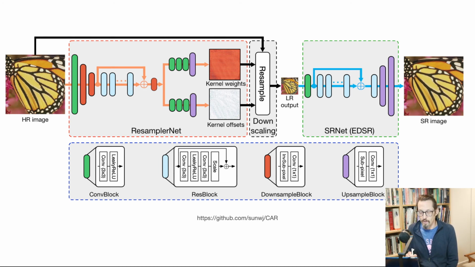You can start with a high resolution image, and because it's high resolution, you can make a crap version of that image, and you can give that crap version to a network and train it with the correct high resolution image, which then enables you to take lower resolution inputs and create super resolution outputs.